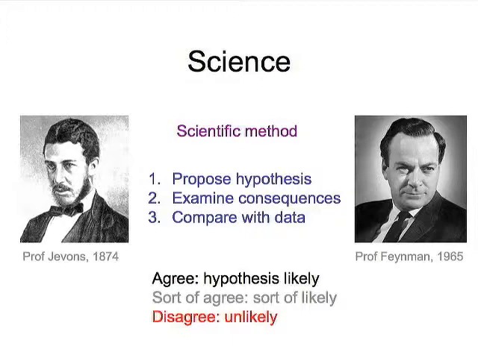First, you propose a hypothesis. The hypothesis can be based on any theory, no matter how incomprehensible. It's just some hypothesis. What's most important is the predictions that the hypothesis makes. You examine the consequence of that hypothesis, and then you compare the consequences, what's computed from those assumptions, that hypothesis, with data.